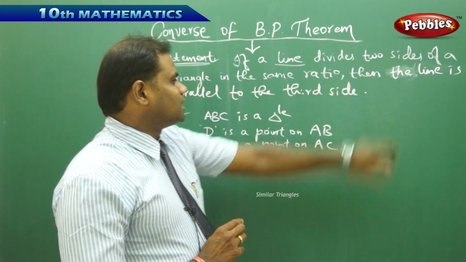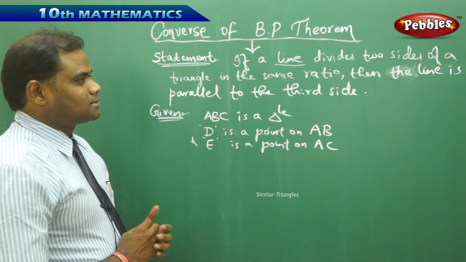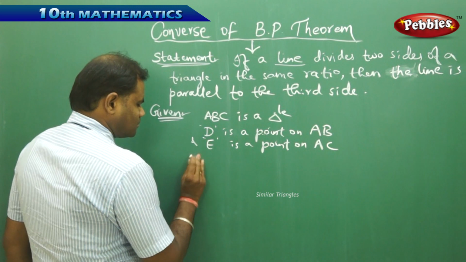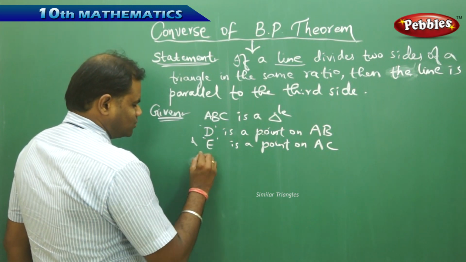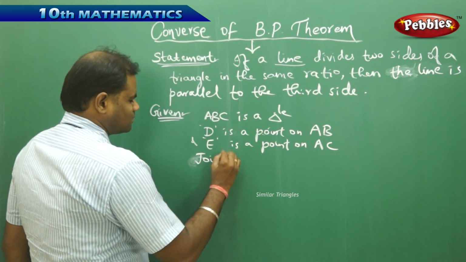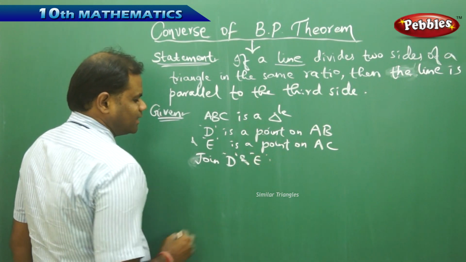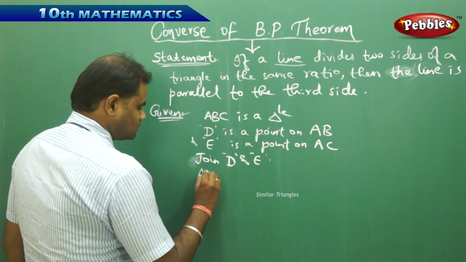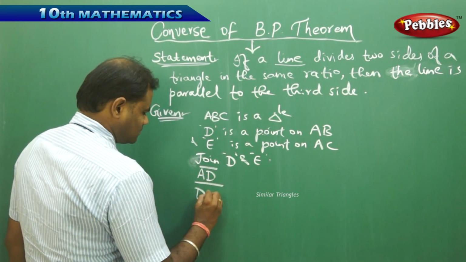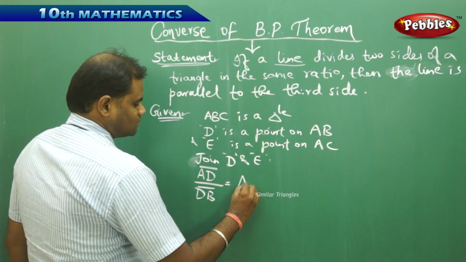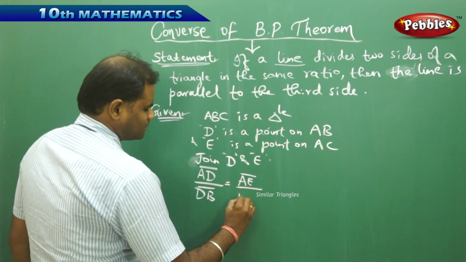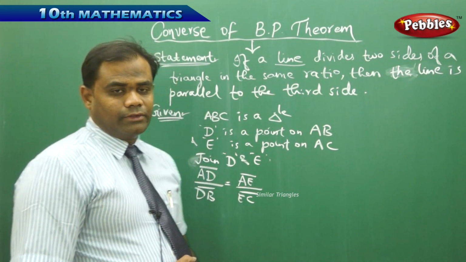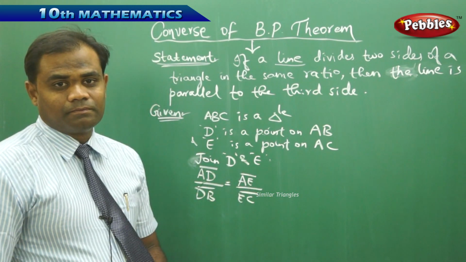It is clearly given that the line divides the two sides in the same ratio. That is, if I join DE, then I get a line DE such that AD by DB is AE by EC, which is what is given with dividing in the same ratio.